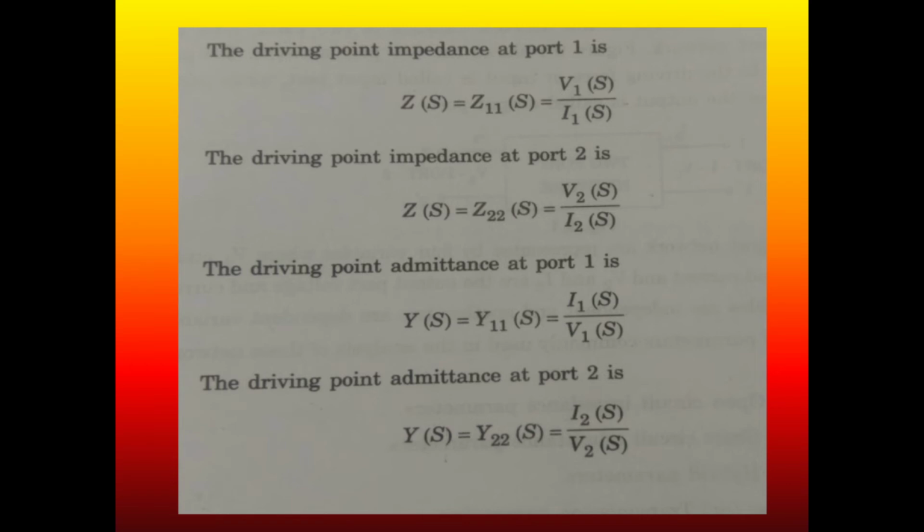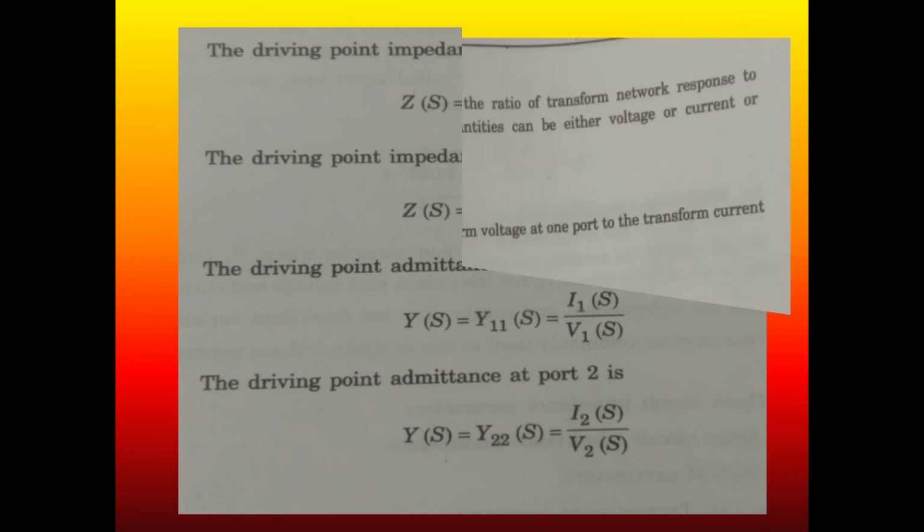Y11 of S is I1 of S divided by V1 of S, and the driving point admittance at port 2 is Y22 of S equal to I2 of S divided by V2 of S.